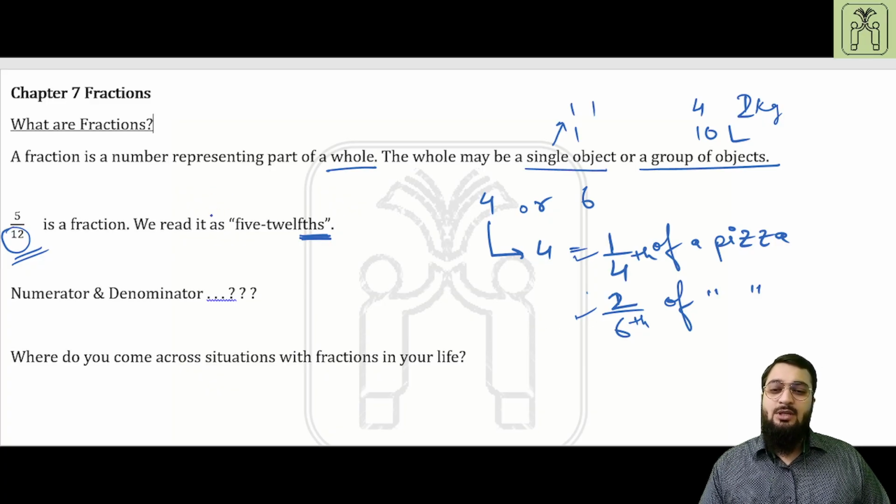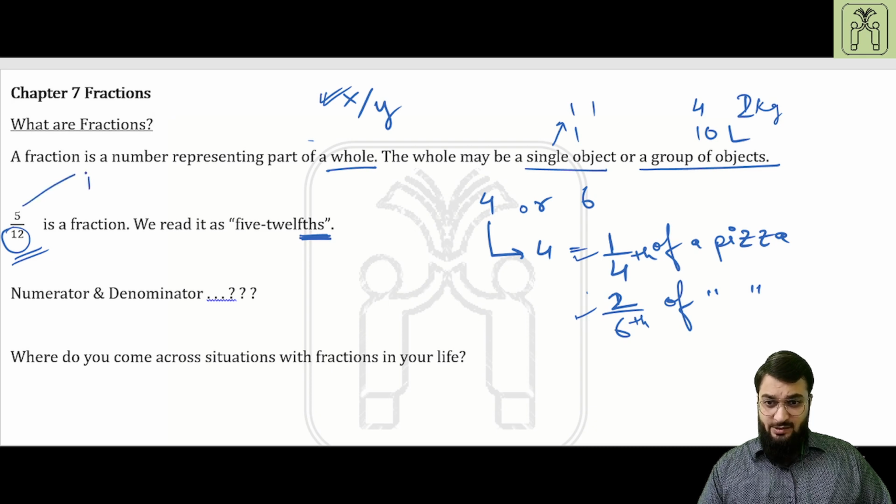Now, a fraction is written in the form of x upon y. What is x upon y? The thing on the top is known as the numerator, and the thing written at the bottom is known as the denominator.